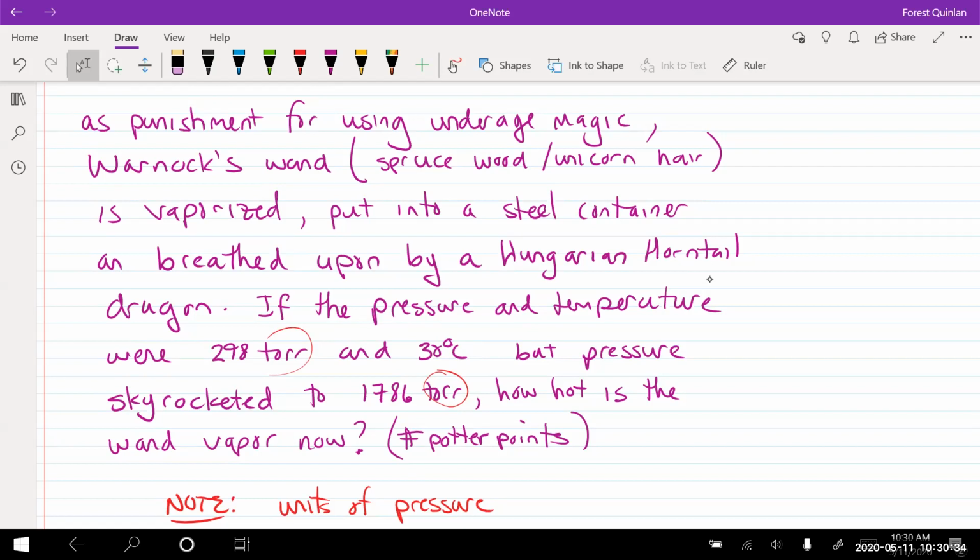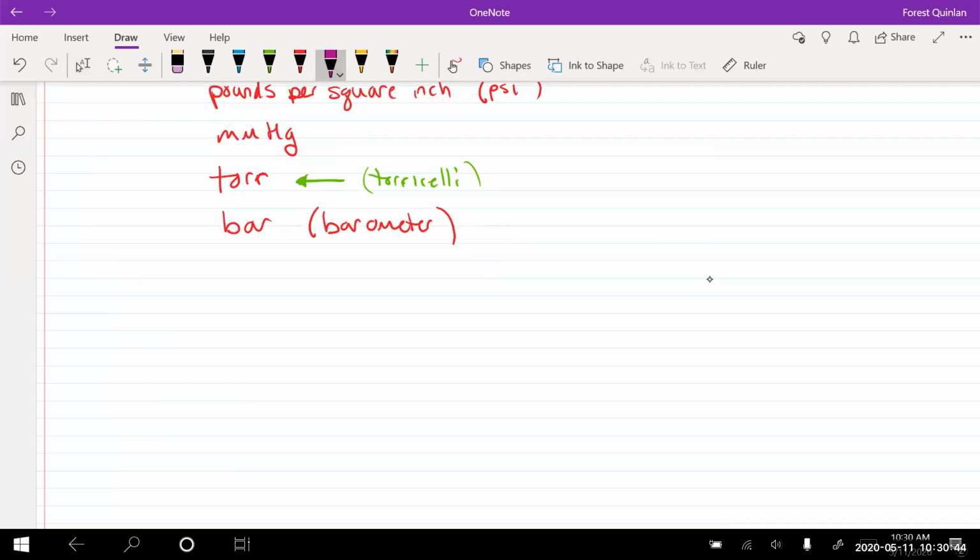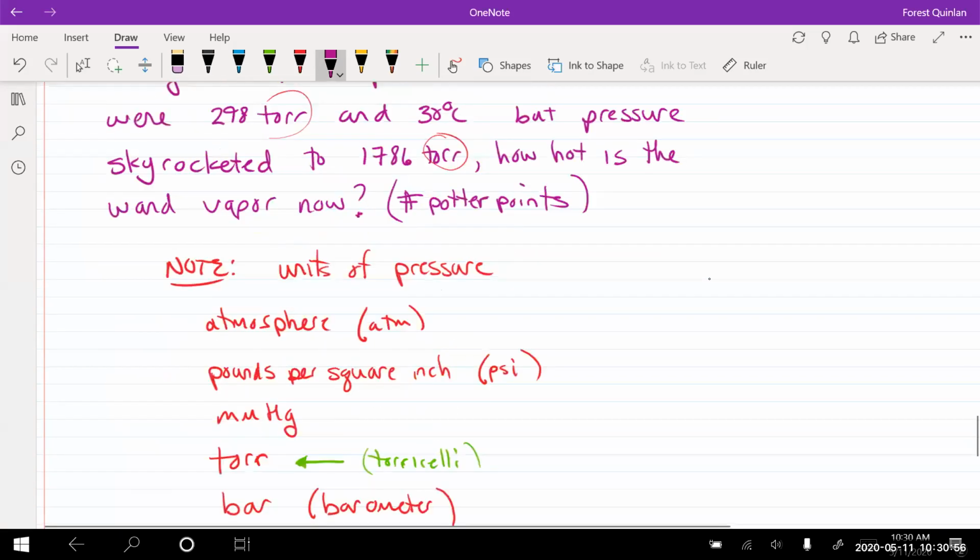Okay, here's how it's done. First things first, did we change the conditions? Yes. So we already know that we're going to say P1 V1 over T1 equals P2 V2 over T2. Let's take a look at this.